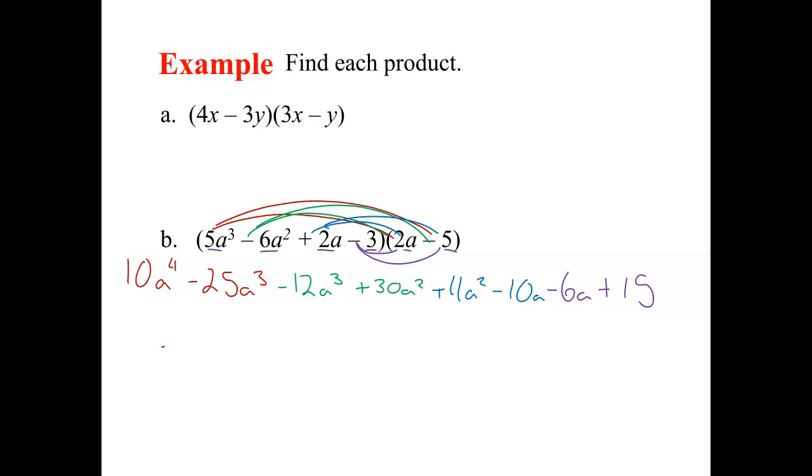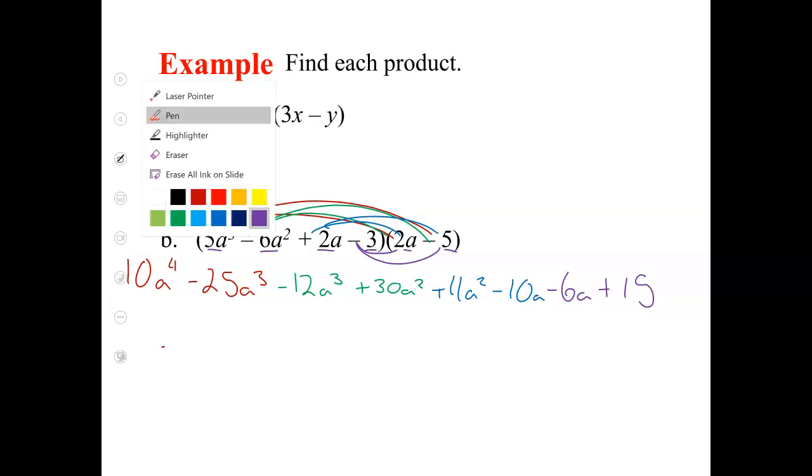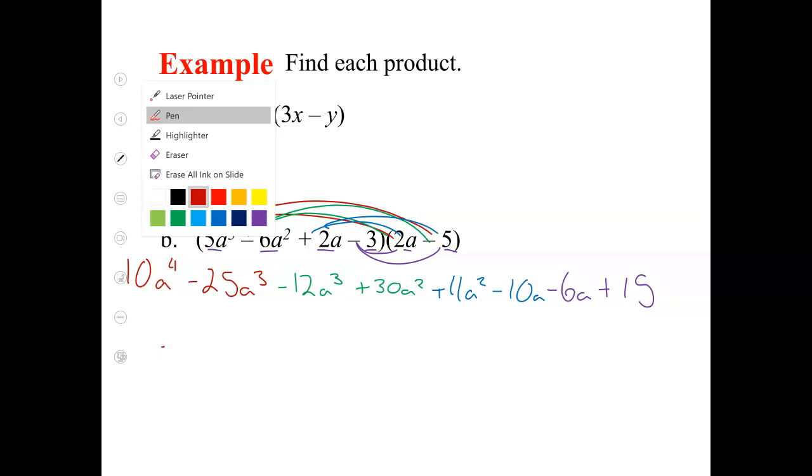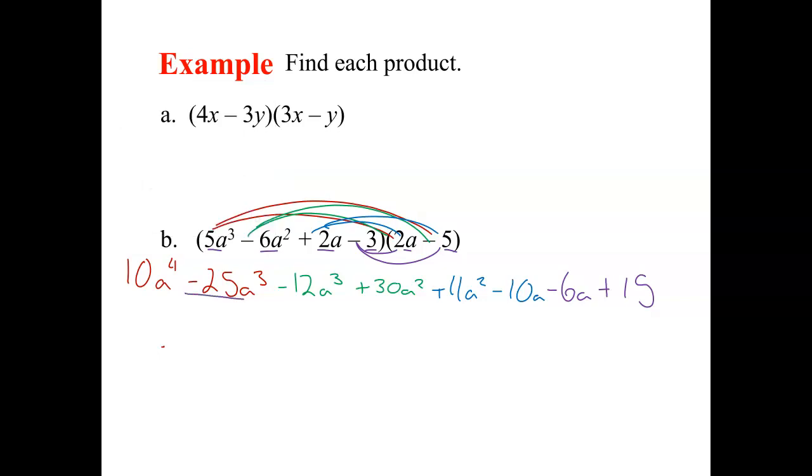You could even take this, move it to the front, and do 2a times 5. That's easy. Yeah. 30a squared. You need to combine like terms and all that. Yep. Okay? So, give me some like terms. Gives me what?